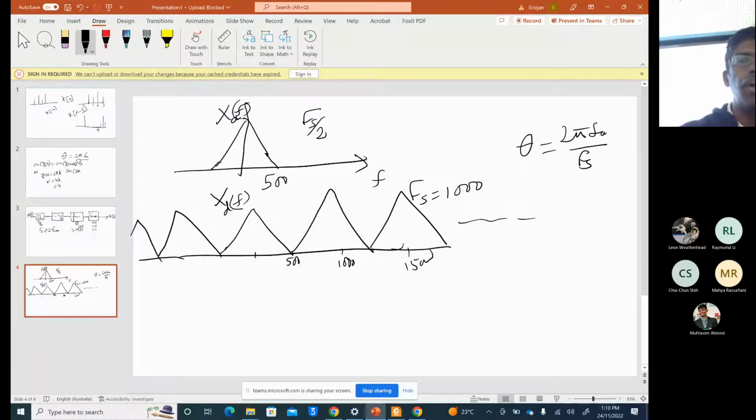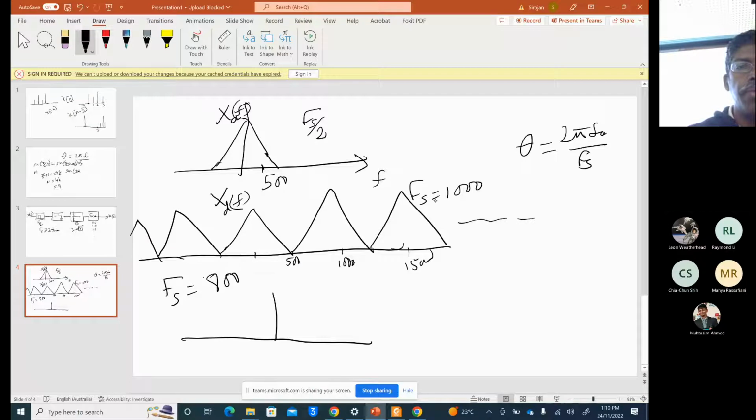But let's say you sample at a lower sampling frequency, say 800 hertz. Then after 400, it is only going to capture up to 400.